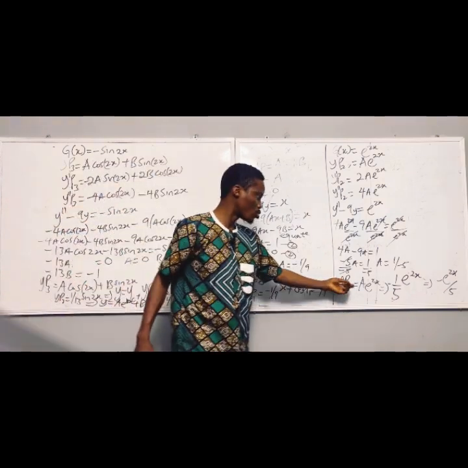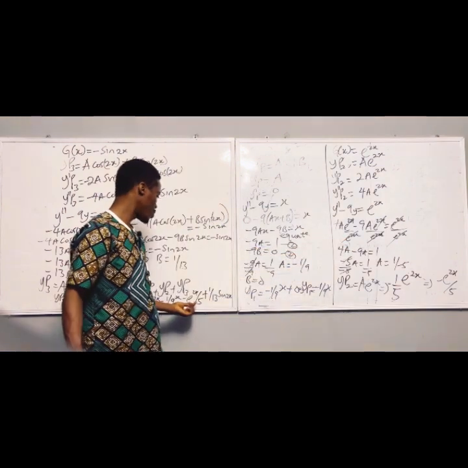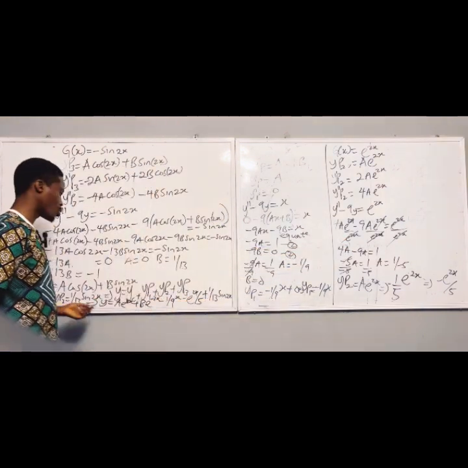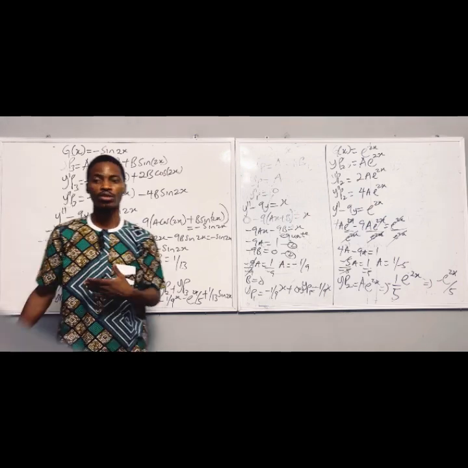My second particular solution, minus exponential 2x all over 5. Then the last solution, which is 1 over 13 sin 2x. So this is the solution for the question above.